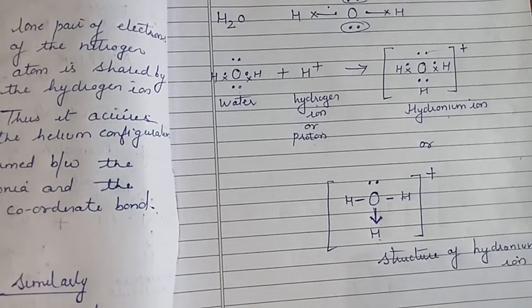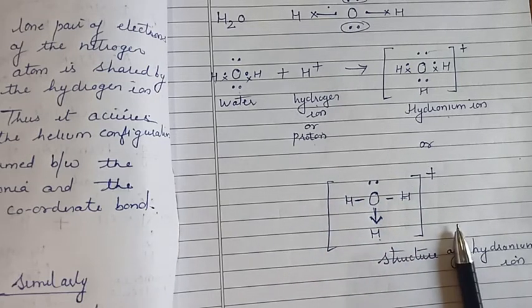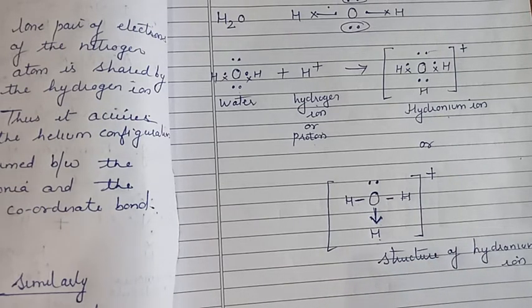So remember, in ammonia there is one lone pair, in the water molecule there are two lone pairs. In this, one of the lone pairs is shared by this proton. So this is the formation of the hydronium ion from water, and the ammonium ion from ammonia. So do practice these two structures. And also one more structure is given, the formation of the hydroxyl ion.